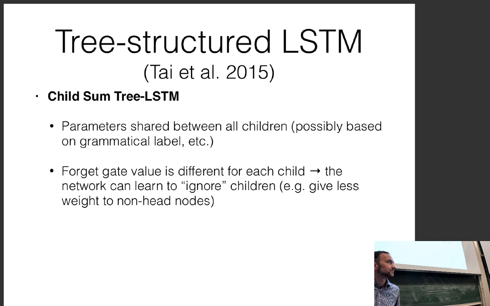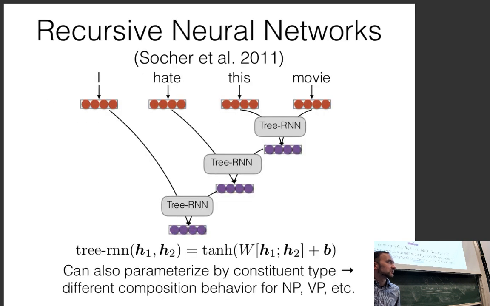So one example is, let's say we're doing sentiment analysis, and we have, I hate this movie. One thing the LSTM could learn to do is just forget all of the information about I the moment it sees that this information down here is highly negative, for example.